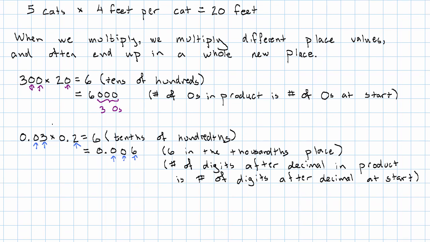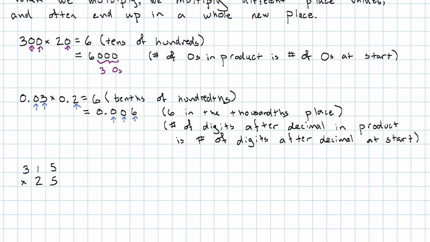Now, for multiplying numbers that don't have a bunch of zeros in them, this gets a little bit more complicated. If we want to multiply 315 times 25, for example, we multiply together every pair of digits.